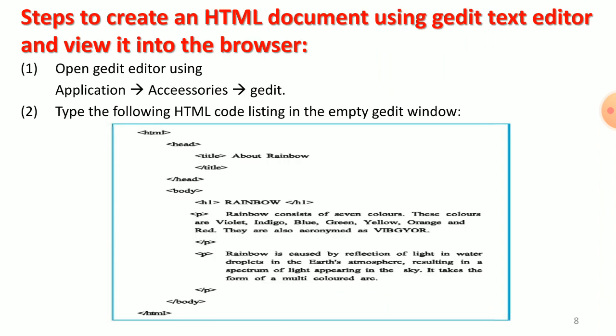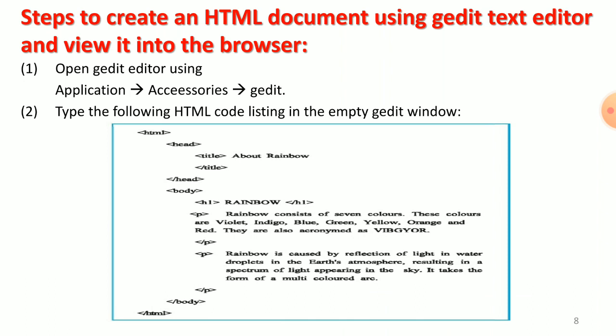Next, how to create a web page. The steps to create an HTML document using the gedit text editor and view it in the browser. First step is to open the gedit editor using Applications, then Accessories, and then gedit.